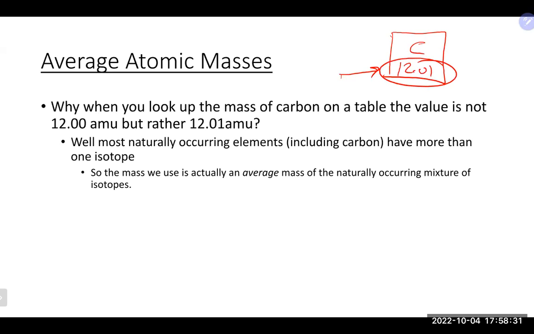So how we find the atomic mass of an element is we do a little formula: the atomic mass is equal to the percent of the first isotope times the atomic mass of the first isotope.